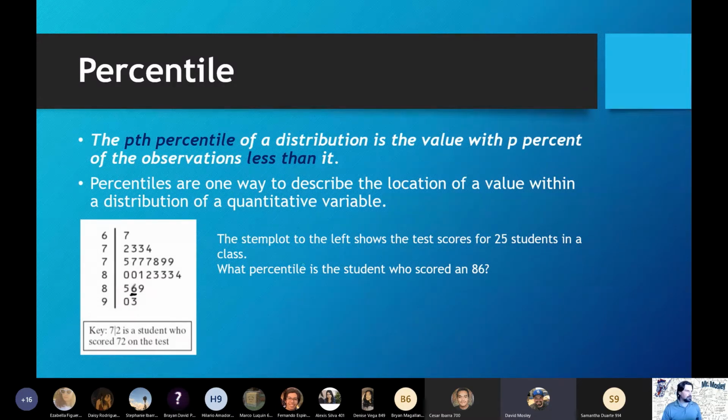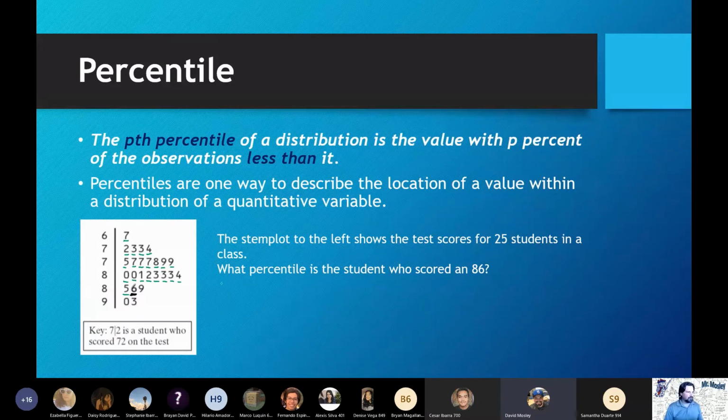So I have 1, 2, 3, 4, 5, 6, 7, 8, 9, 10, 11, 12, 13, 14, 15, 16, 17, 18, 19, 20, 21, and I stop. I do not count 86, because again, I only want the values less than 86.